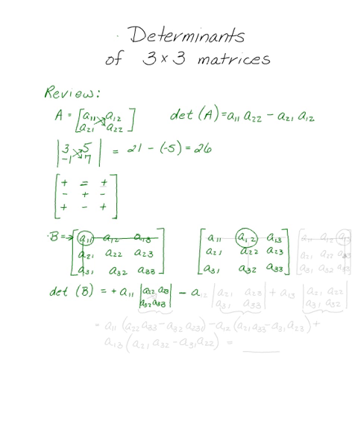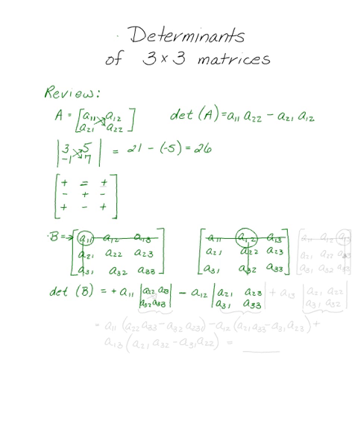We put A12. We cross out, again, all of the items in the row and column that include A12, and write down what's left, which is A21, A23, A31, and A33.